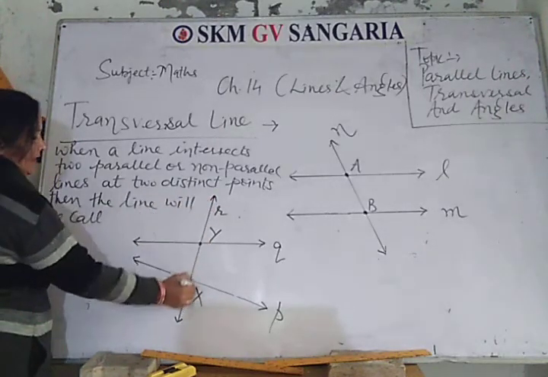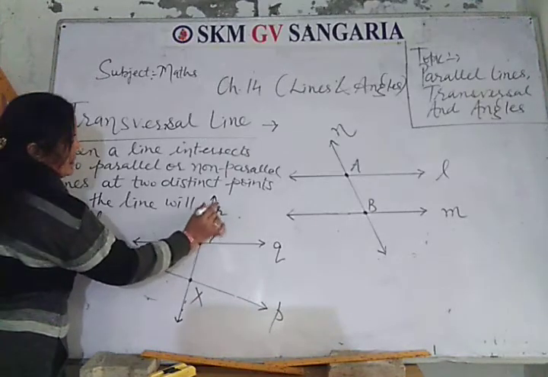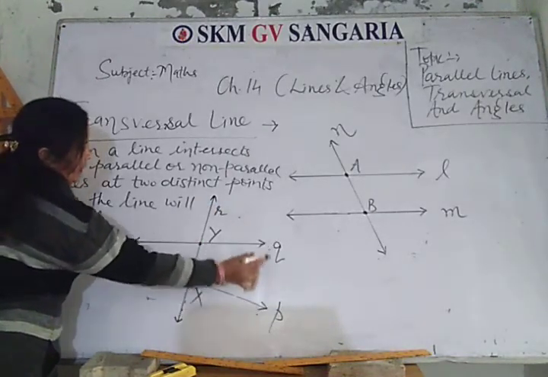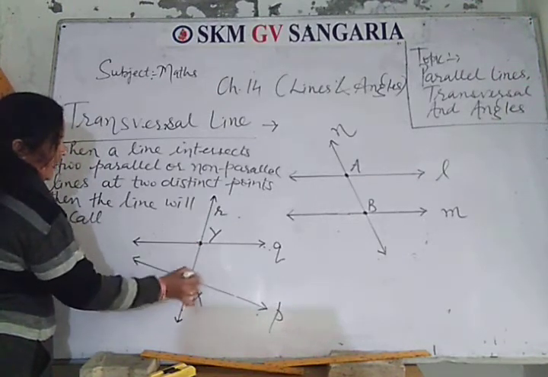This line R is intersecting lines P and Q at two distinct points X and Y.